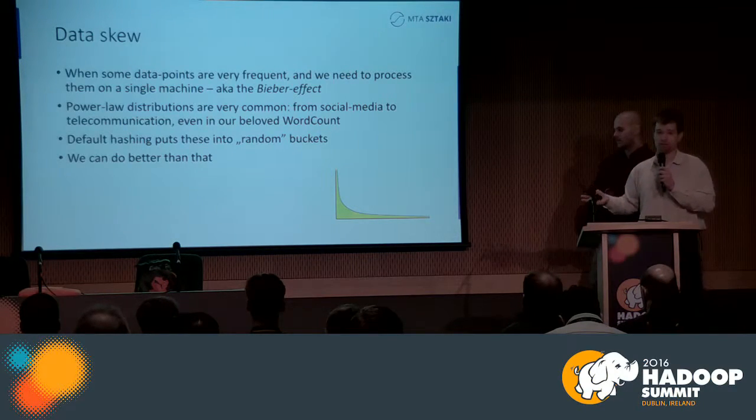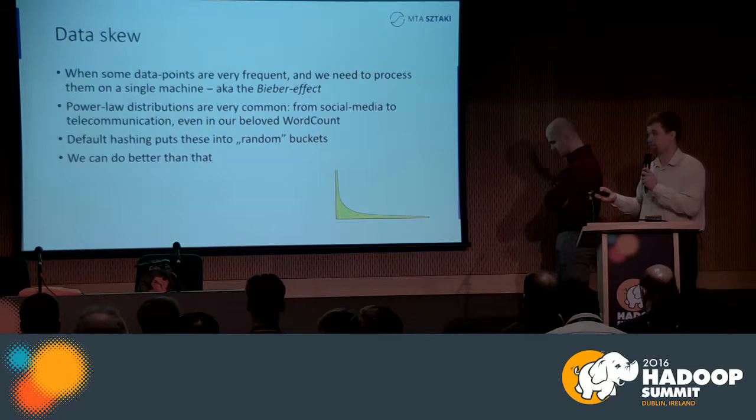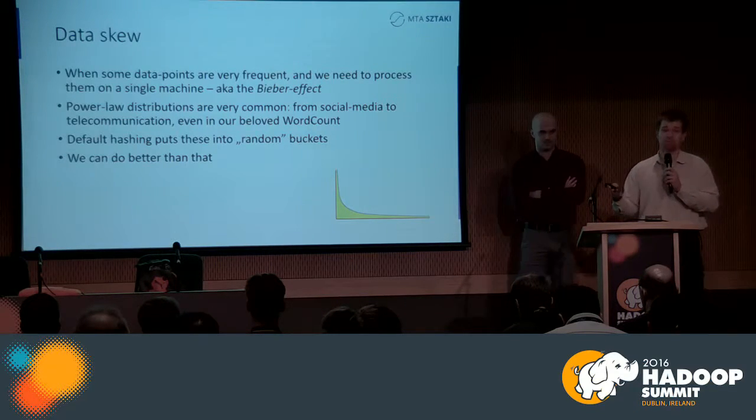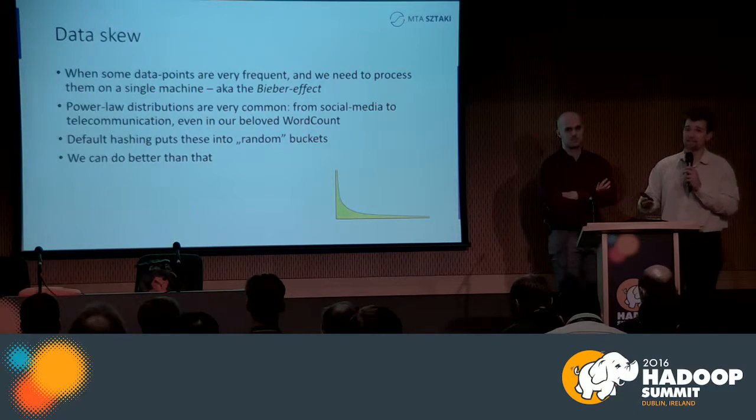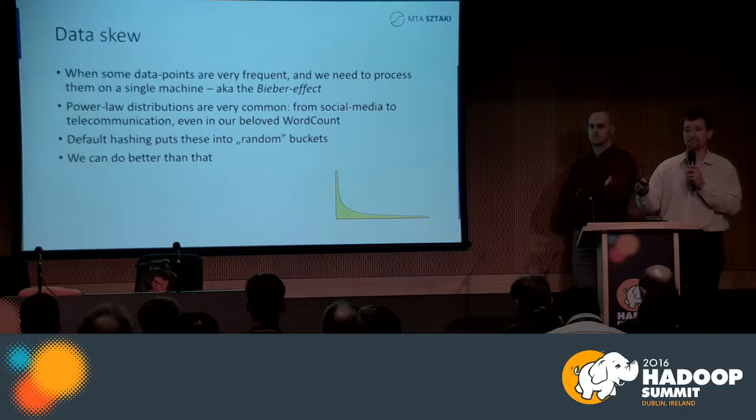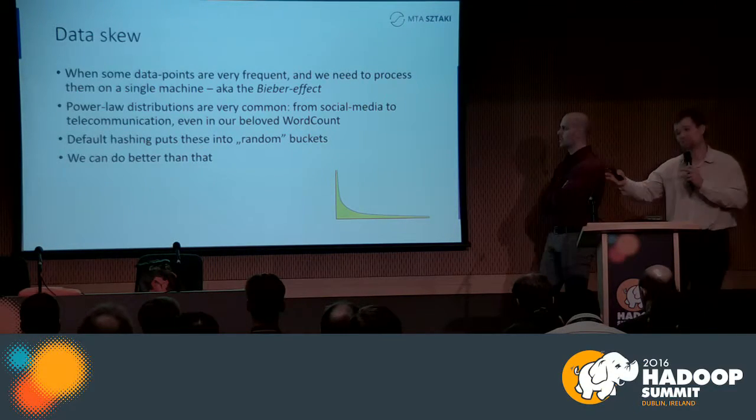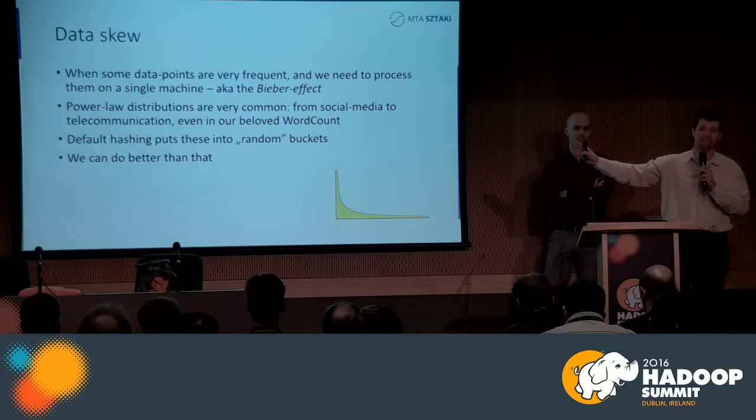Usually you are dealing with power law distributions, and in some of these use cases, what you see is a couple of really heavy keys in the key distribution, which we are going to call, for whatever reason, the Bieber effect.